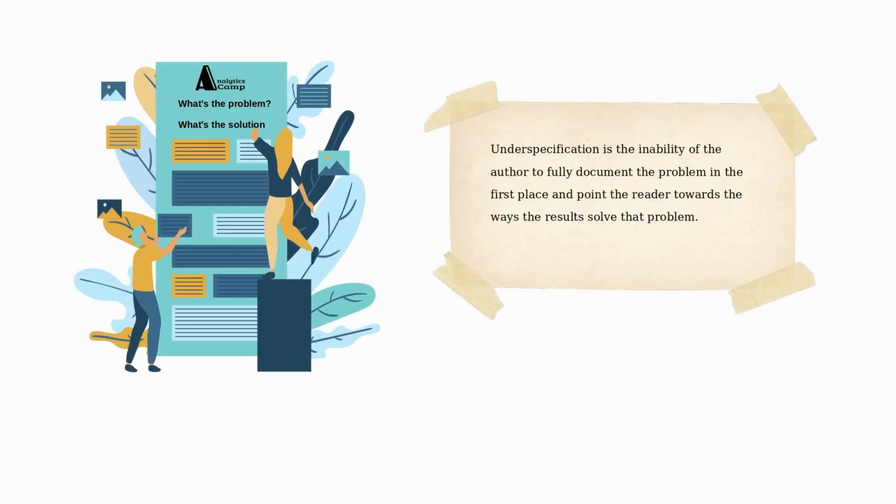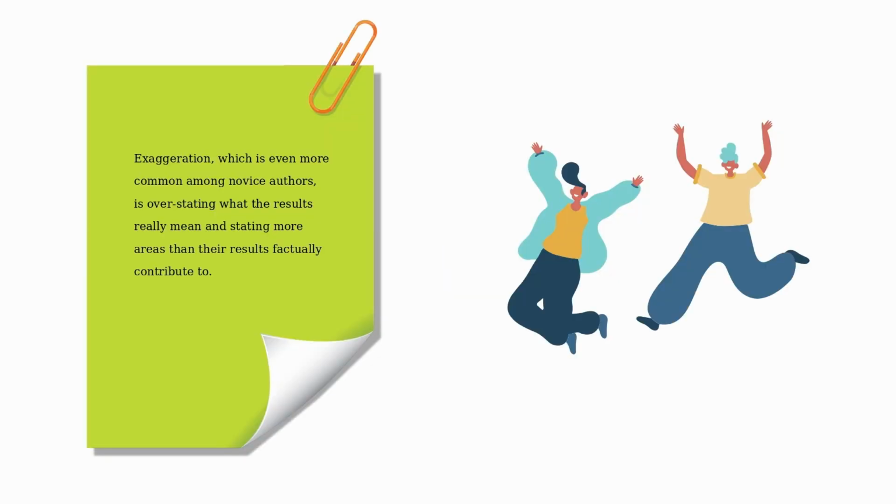Underspecification is the inability of the author to fully document the problem in the first place and point the reader towards the ways the results solve that problem. Exaggeration, which is even more common among novice authors, is overstating what the results really mean and stating more areas than the results factually contribute to.